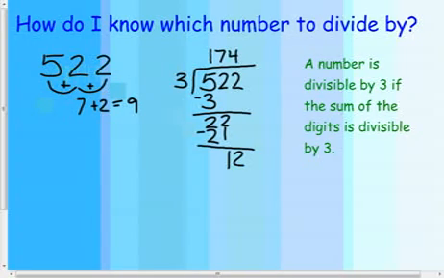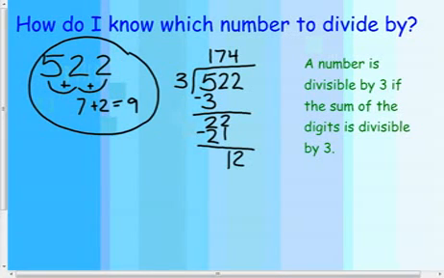It does work. It sounds crazy, but it does work. So if you add up the digits, like I did here, and they equal a number that's divisible by 3, here the number's 9, 3 times 3 is 9, so it's divisible by 3. Then I know I can divide that number by 3.